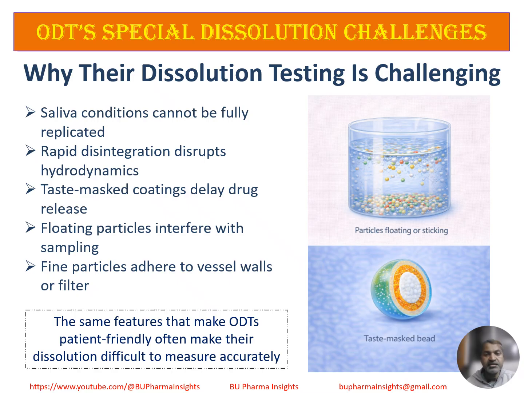Floating particles interfere with proper sampling. Fine particles may stick to the vessel wall or filters. So, what we see in the lab is often a compromise between physiology and standardization. ODT dissolution is not about copying the mouth perfectly. It's about ensuring fast, complete, and reproducible drug release under controlled conditions.